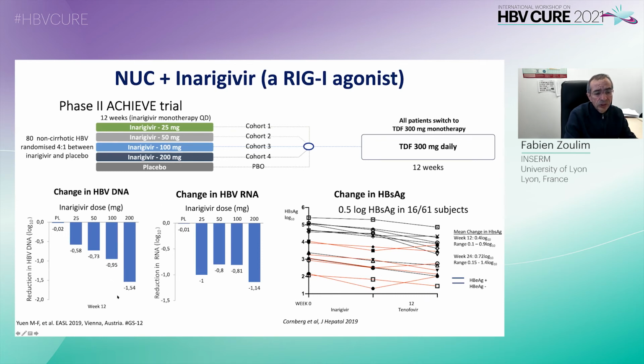you all know the sad and difficult history with the combination of nucleoside analogs and inarigivir, a RIG-I agonist, which was shown to have a quite interesting effect in the first phase 2 clinical trial for 12 weeks administration.